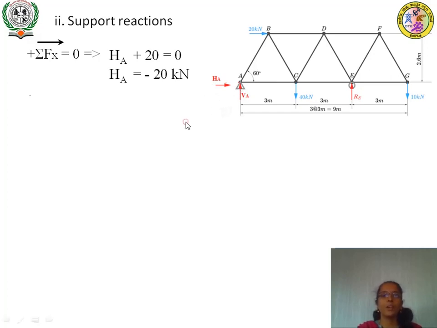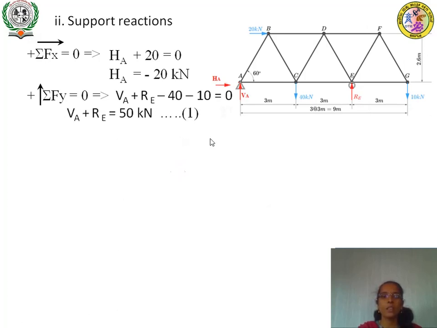Then we'll apply sigma Fy is equal to 0, which implies VA vertically upward plus RE, that is also acting in upward direction, minus 40 minus 10, we don't have any other forces. So VA plus RE is equal to 50 kilonewton, you can take it as equation 1.